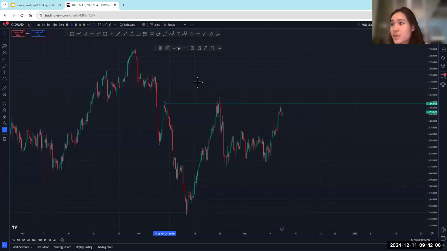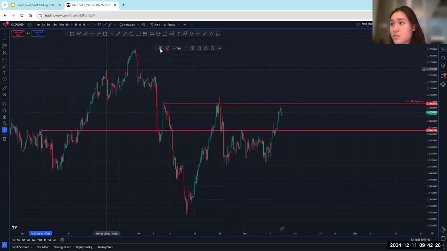Okay, this is my first resistance. But there is a bit of resistance here, so we might see prices drop. Okay, let's analyze this a bit. This is my first support.